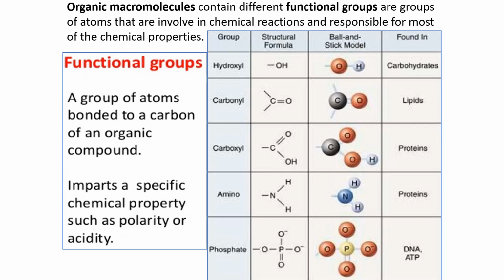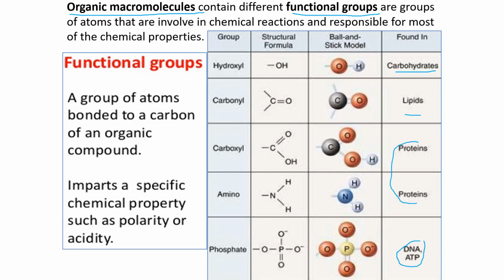Next, we will talk about how organic macromolecules have different functional groups. On this table, we can see different types of organic macromolecules such as carbohydrates, lipids, proteins, DNA, and ATP molecules.